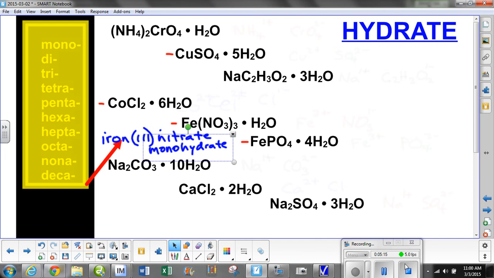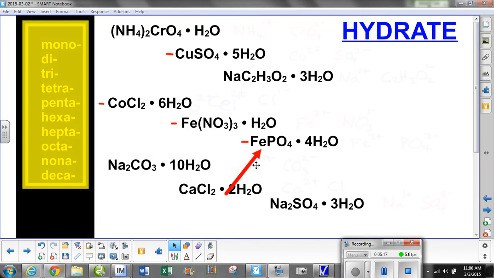And now iron with phosphate, you have this situation. Iron is a 3+, and it has to be a 3+ because there's only one of him, and the phosphate ion from your memorized ions we know is a 3-. So the 3+ has to offset the 3- to give us 0, and we're ready to go.